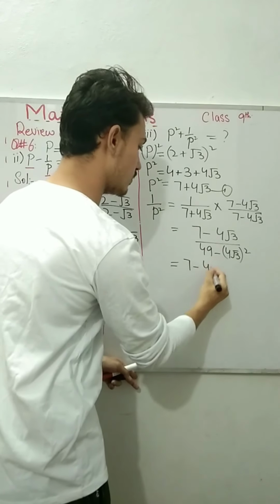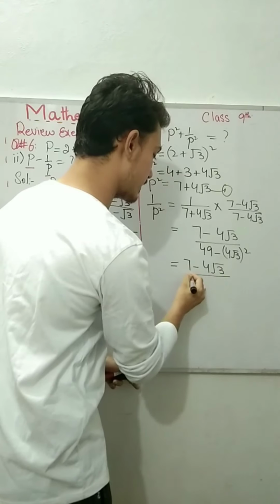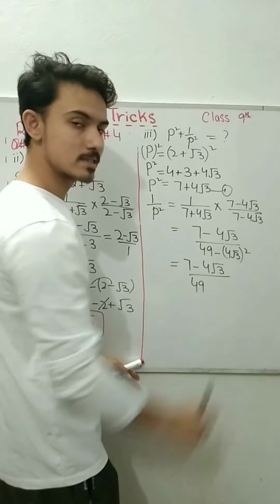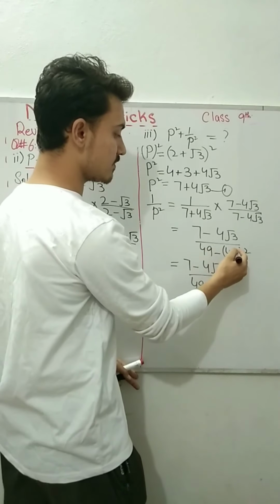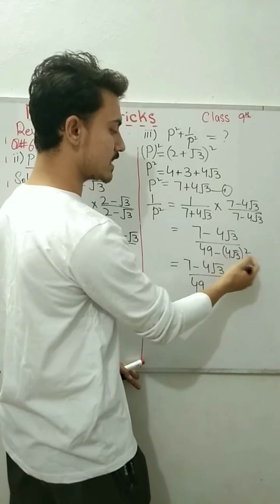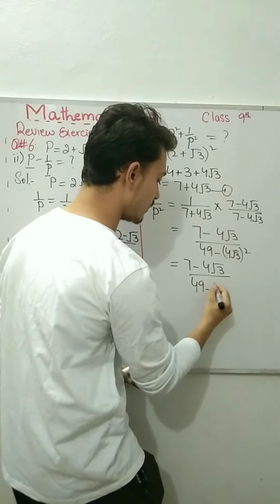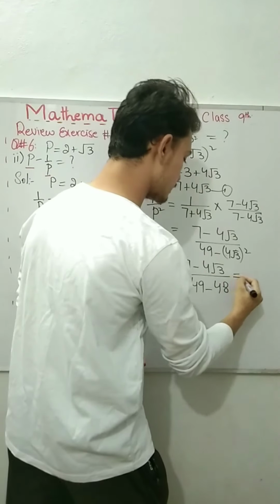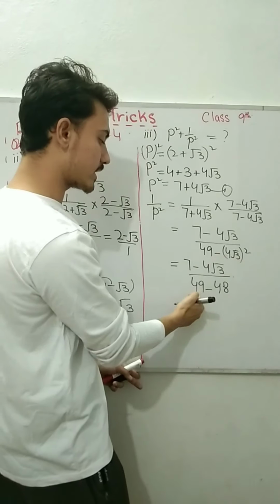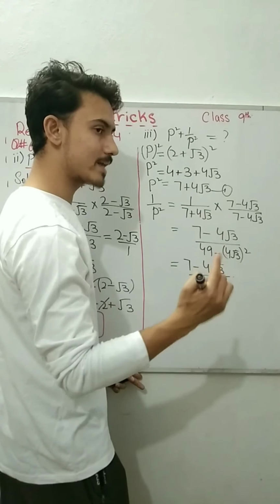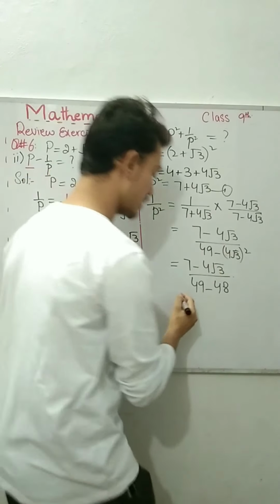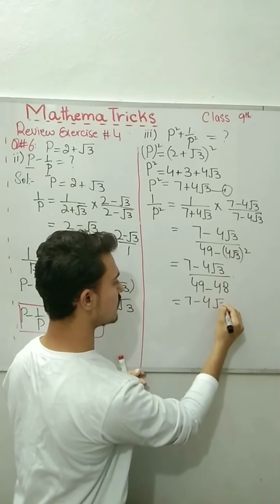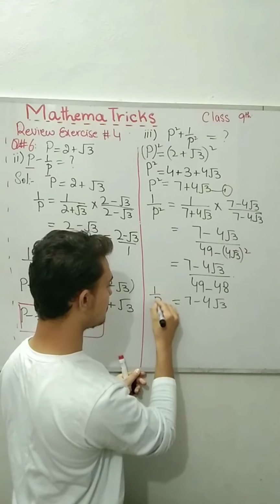The square of 4 is 16, and 16 into 3 is 48. So 49 minus 48 gives me 1. 1 as a denominator doesn't count. So what we write? 7 minus 4 square root of 3 as the value of 1 over p square.